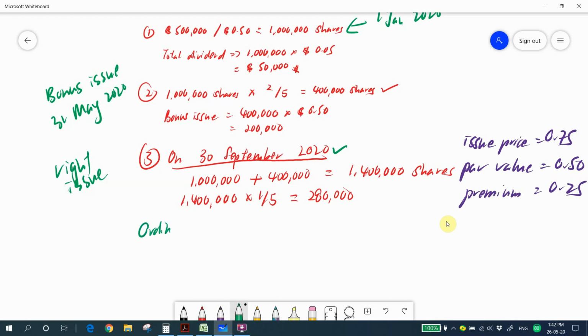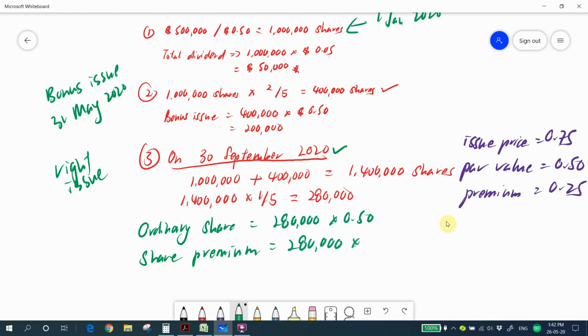For the ordinary share capital, we use 280,000 times 50 cents. For the share premium, we use 280,000 times 25 cents. So will be 140,000 and 70,000. So total collection from the rights issue will be 210,000.